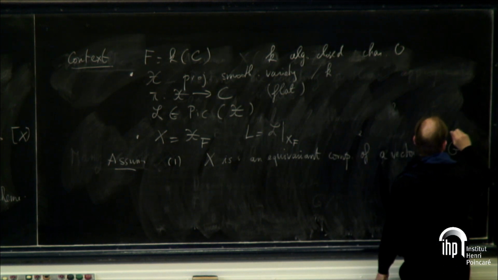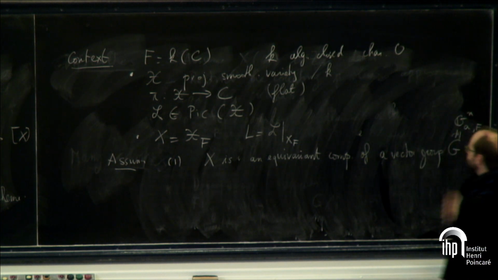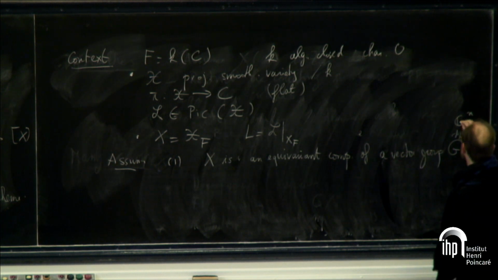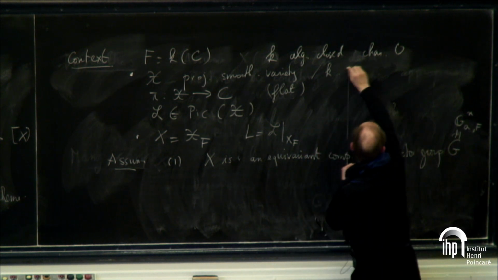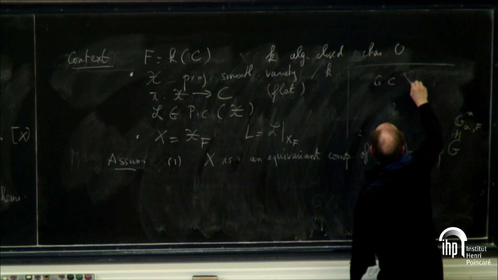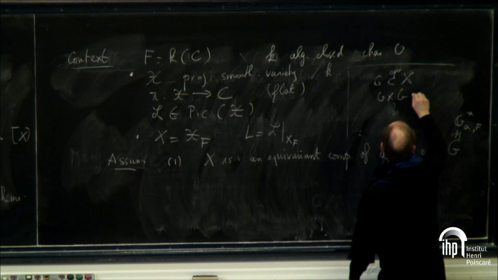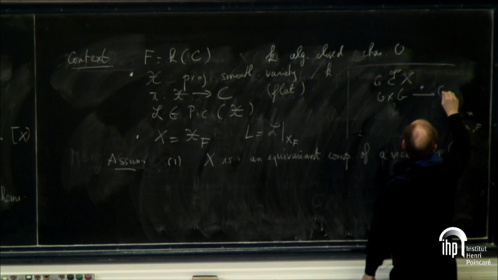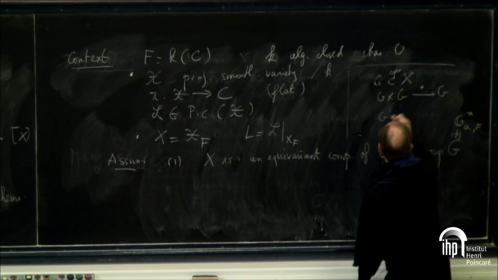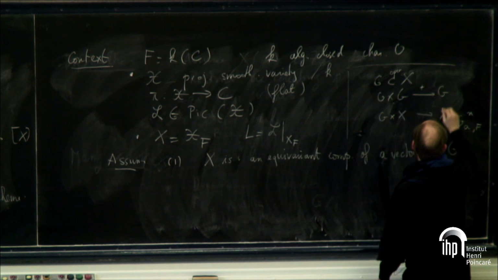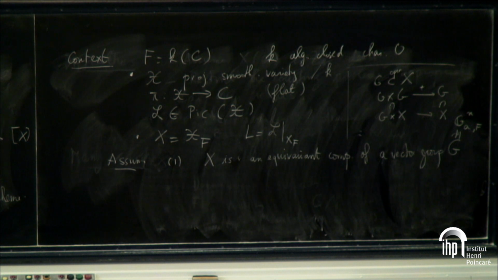So G, which is isomorphic to some G_a^n over F. And this means, just to be clear, that G is viewed as an open subset of X, and the addition from G times G to G extends to an action of G on X.